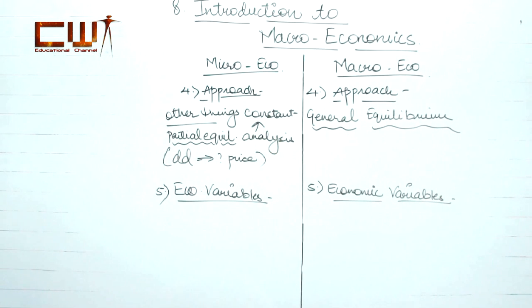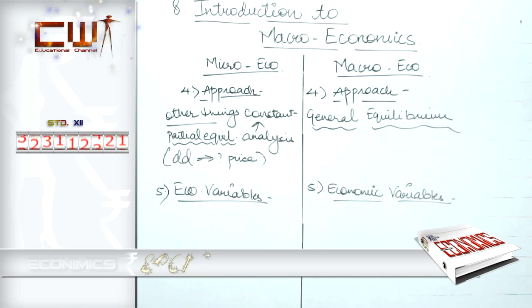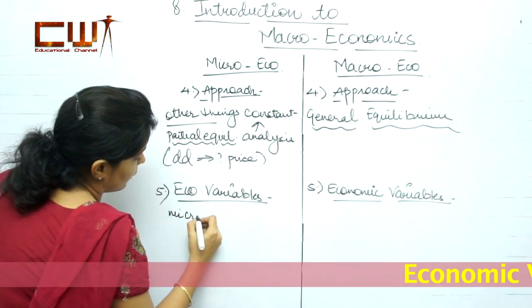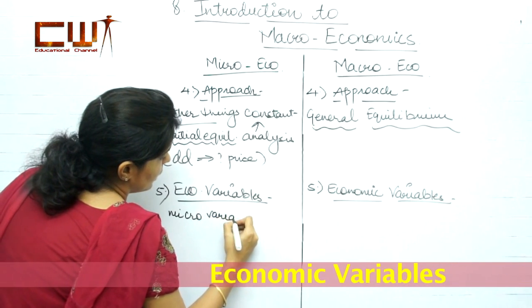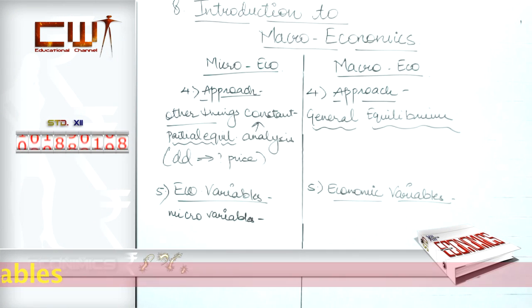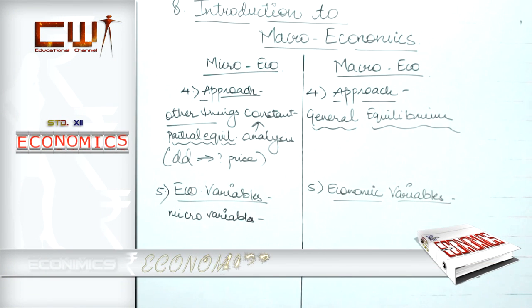Next differentiation is economic variables. Microeconomics deals with the behavior of micro variables such as individual demand, individual supply, wages, and prices of a particular product. That is all at the individual level.